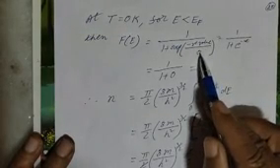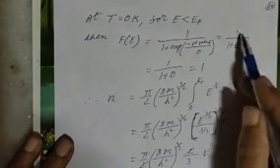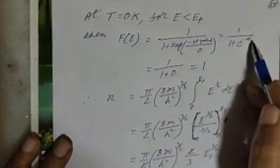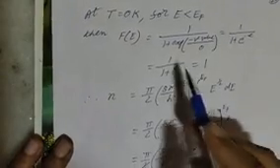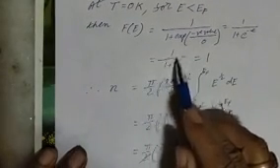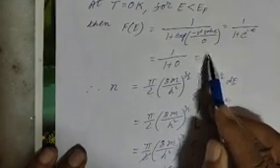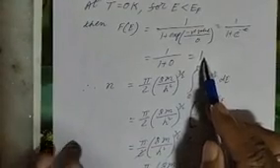So that is equivalent to 1 by 1 plus exponential of minus infinity. Here, the exponential of minus infinity is equivalent to 0. Therefore, F of E is equal to 1 by 1 plus 0, which is equivalent to 1. Here we can substitute the F of E value as 1.